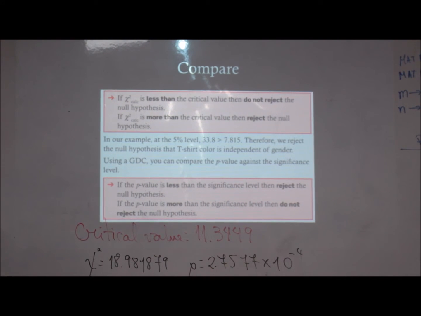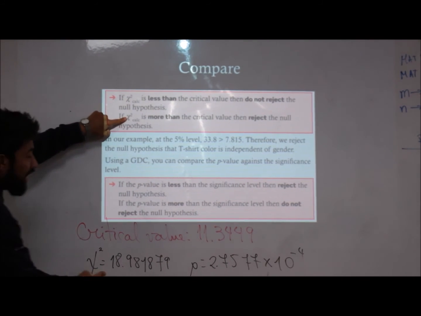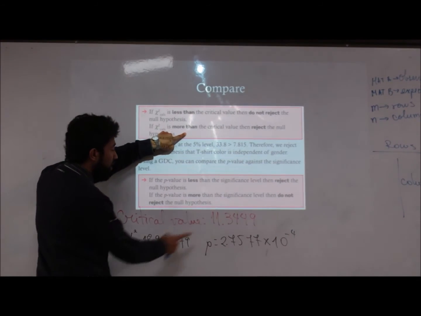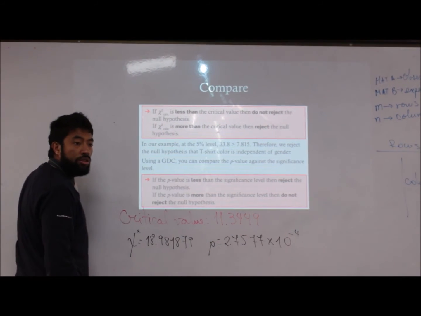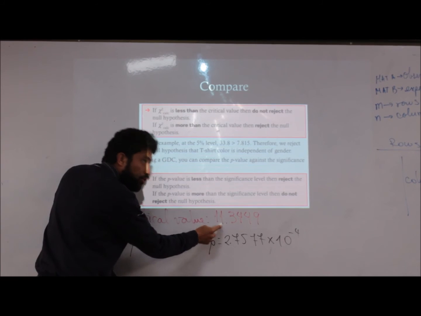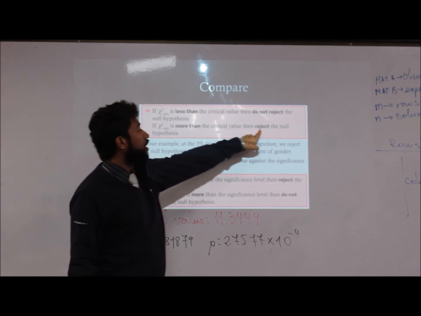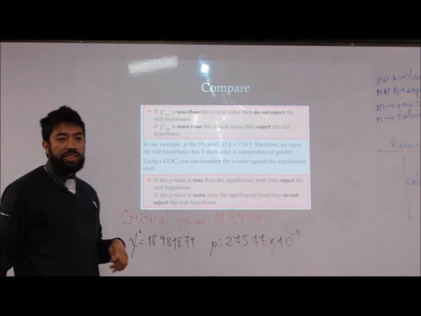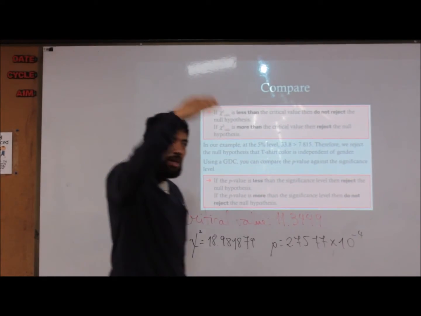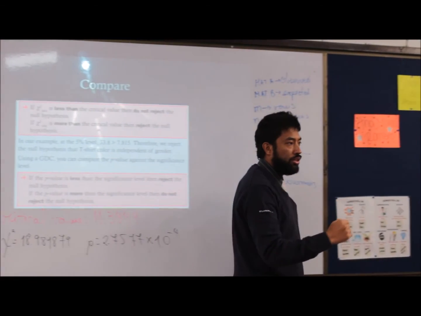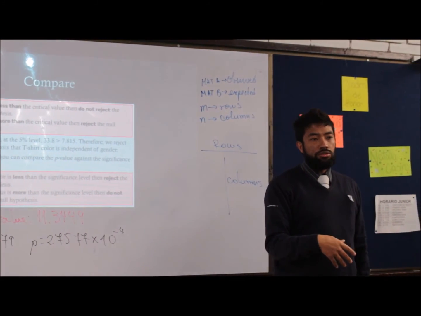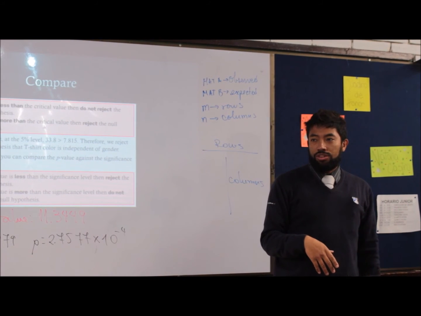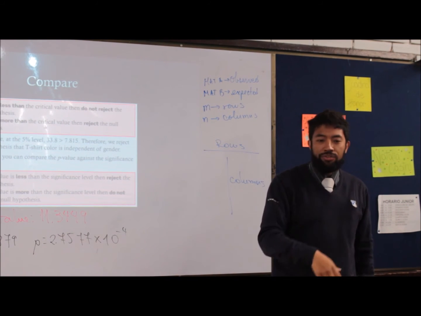We reject the null hypothesis. The chi-square calculated is more than the critical value. This is greater than this. So we reject the null hypothesis. As I have rejected my null hypothesis, what is left? If I reject the null, what is left?